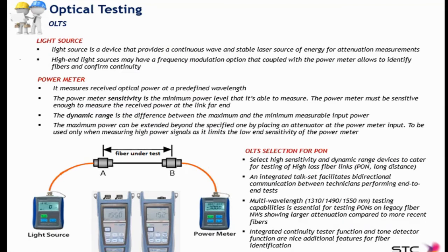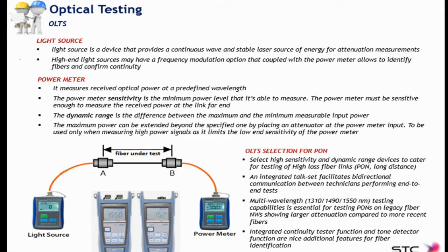We're going to see now more specifically how to use the OLTS. The light source is a simple laser light source set to a specific wavelength. The power meter is measuring optical power in the incoming signals.